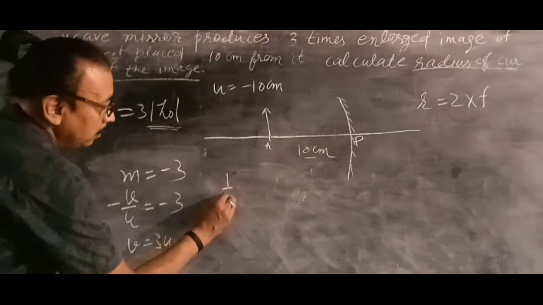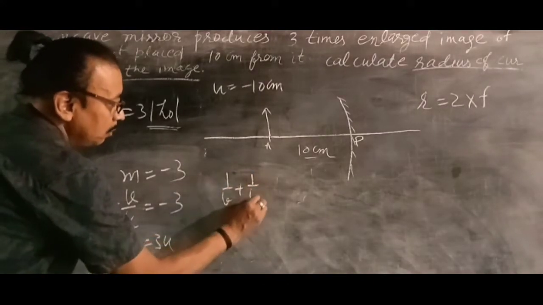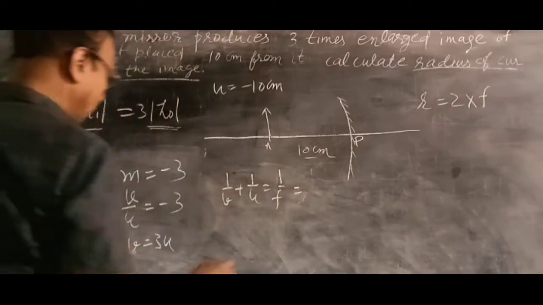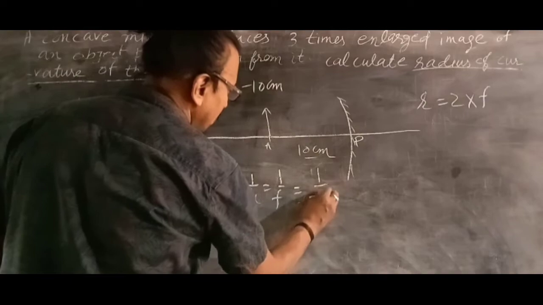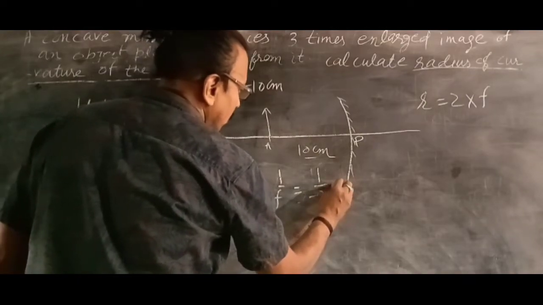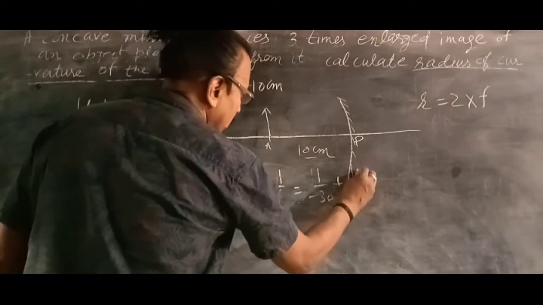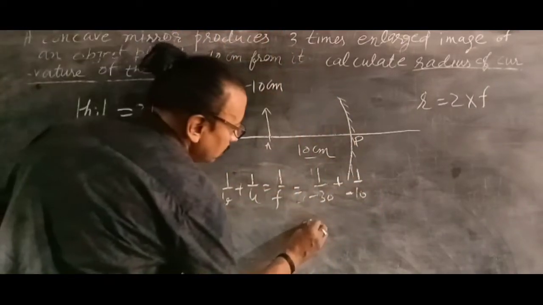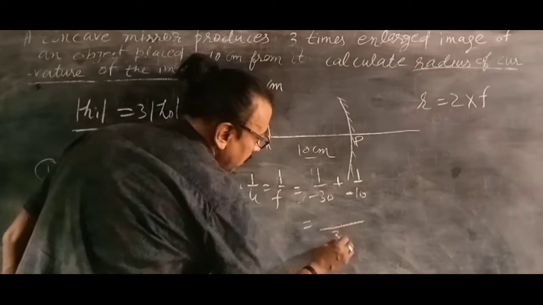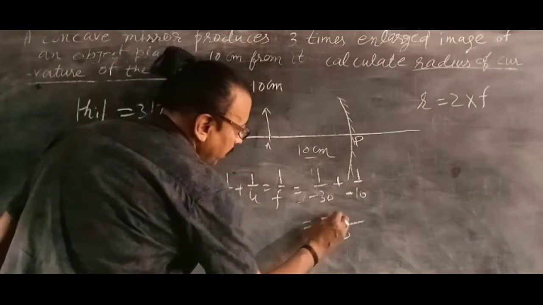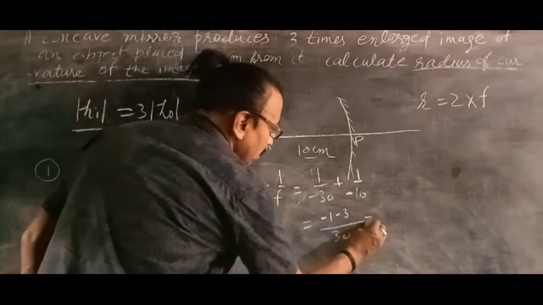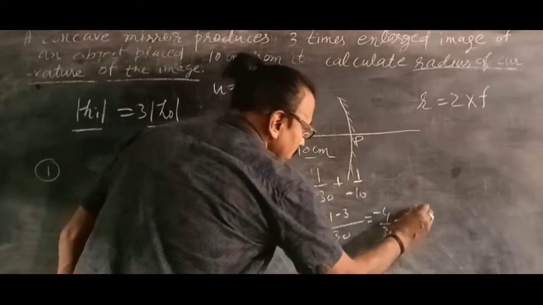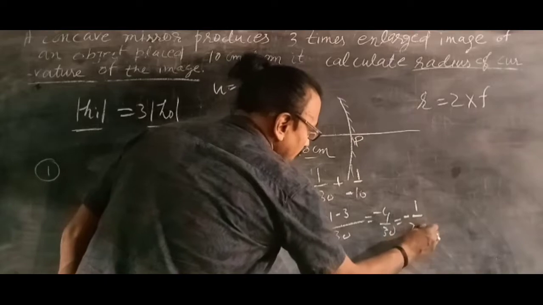1 by v plus 1 by u equal to 1 by f, that is equal to 1 by 3u, means 1 by minus 30, plus 1 by minus 10 as it is given value of u. 1 minus 3, minus 4 by 30, that is equal to minus 1 by 7.5.